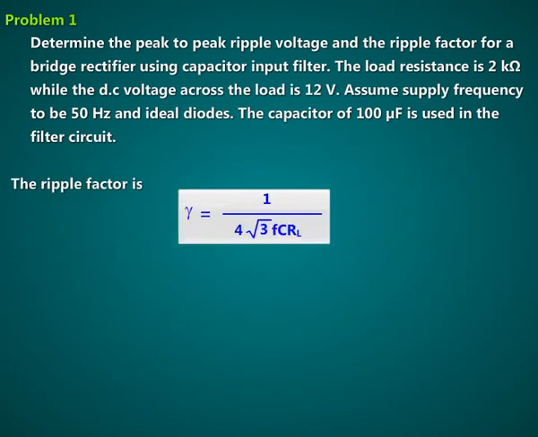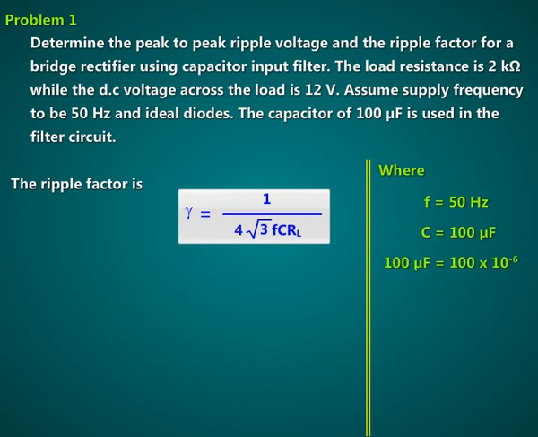The ripple factor gamma is equal to 1 by 4 root 3 F C RL, where F is equal to 50 Hz, C is equal to 100 microfarad, which is 100 into 10 to the power of minus 6, RL is equal to 2 kilo ohms, which is 2 into 10 to the power of 3.